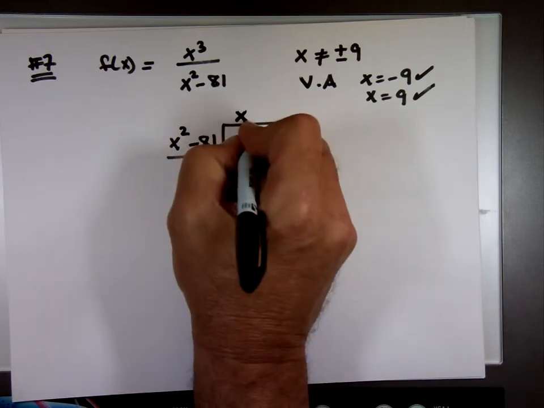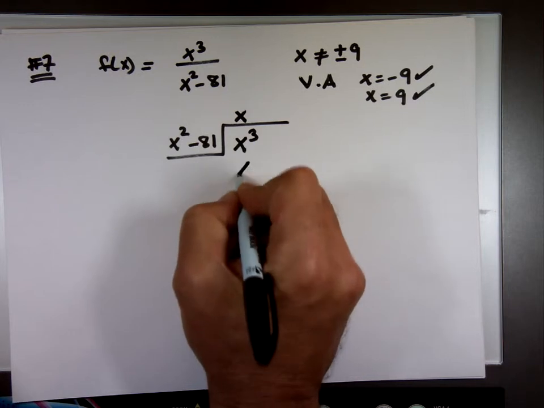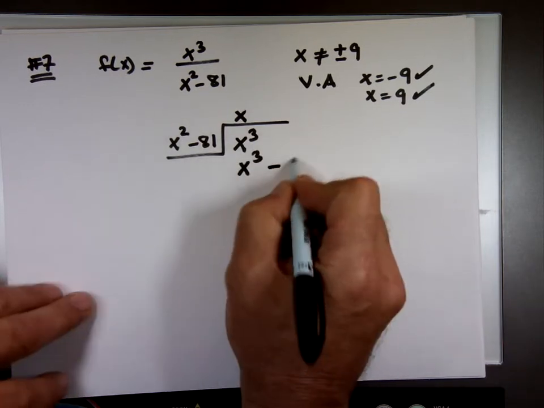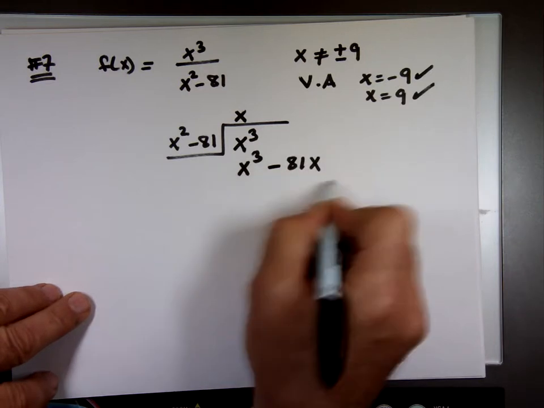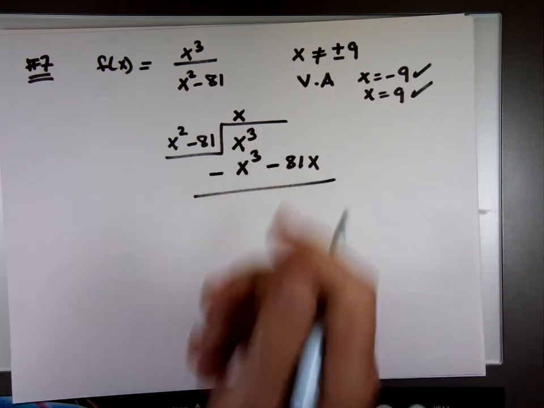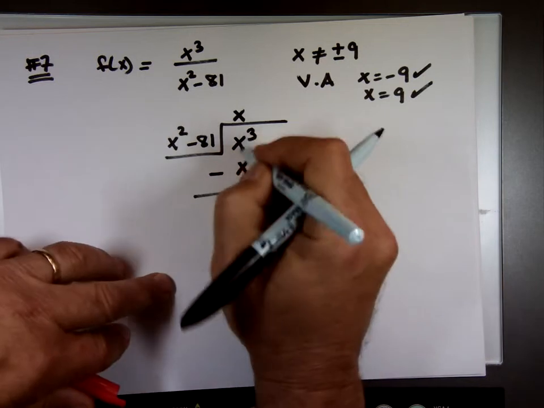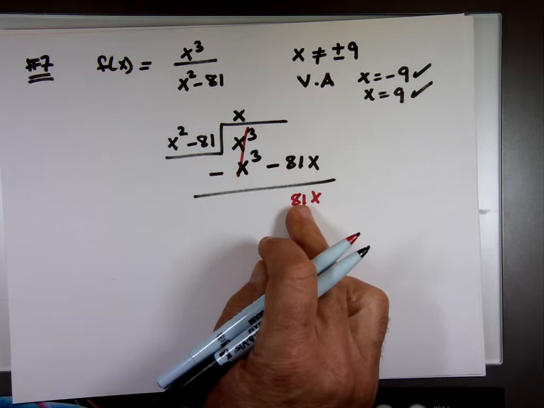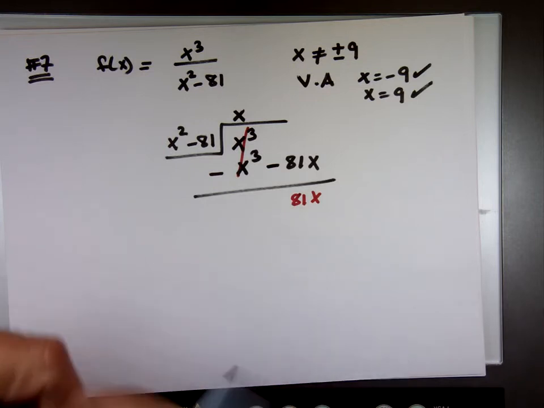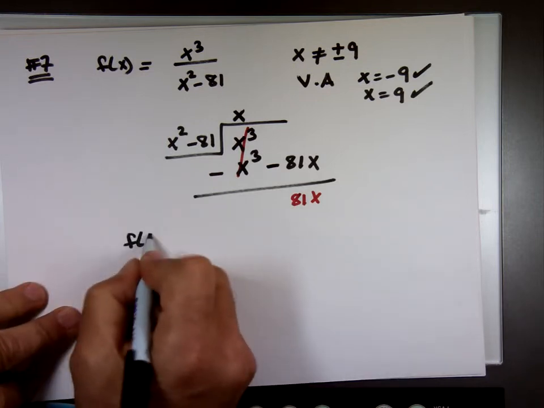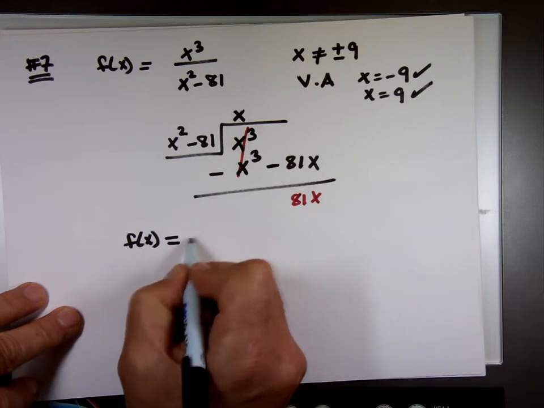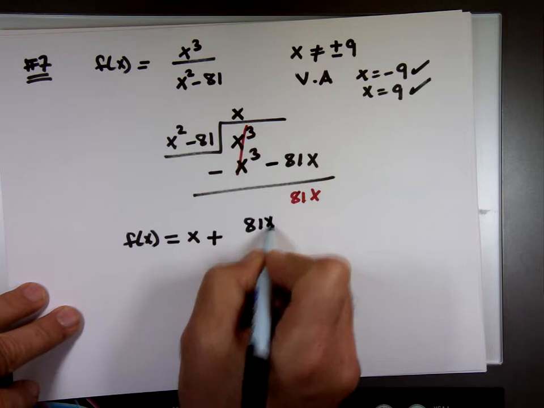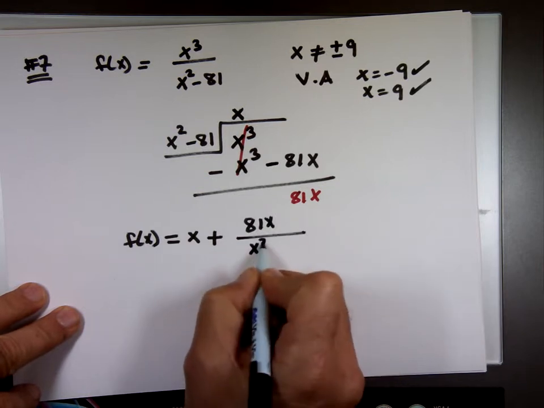What's x cubed divided by x squared? x. What's x times x squared? x cubed. Minus, what's x times 81? 81x. Subtract the 2. And what do you have left? 81x. Can you divide 81x by x squared? No. That means f of x can now be written as x plus 81x over x squared minus 81.